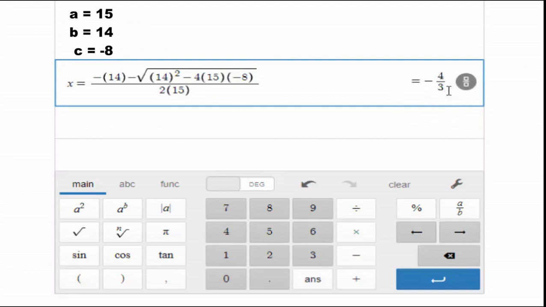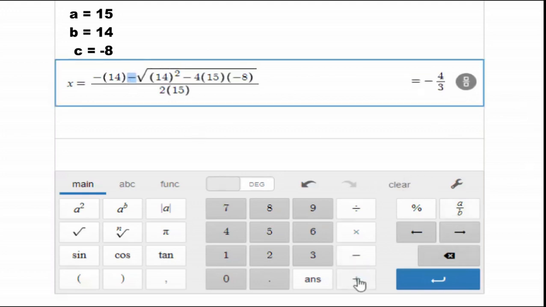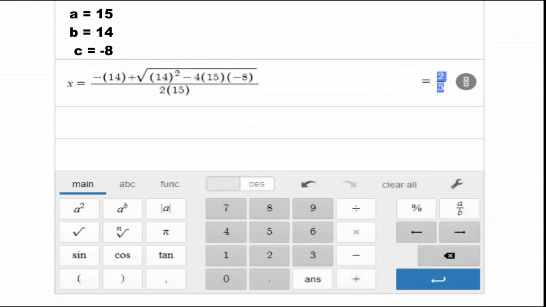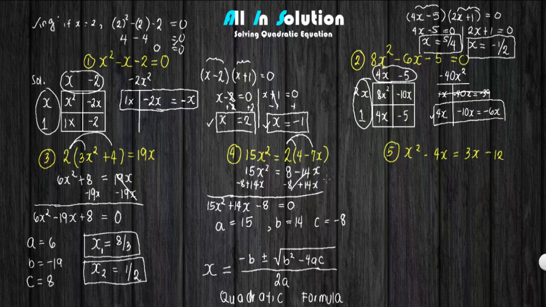Now, kapag ginamit natin yung negative sign, ang lalabas ay negative 4/3. Now, let's try yung palitan natin to ng positive sign. Ang lalabas naman na solution ay 2/5. Okay, once again, kapag ka negative sign to, ang lumabas na solution ay negative 4/3 at kapag positive sign naman is 2/5. Okay, so isulat natin yan dito sa fourth example natin.